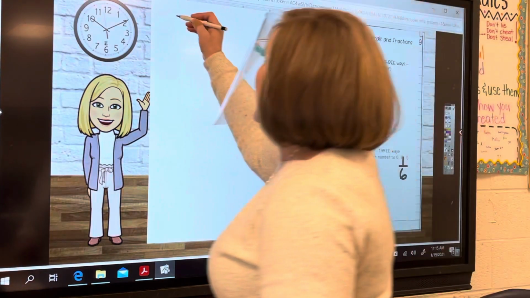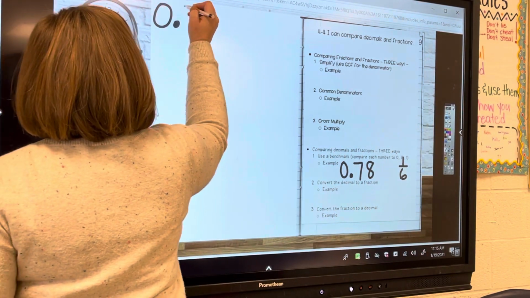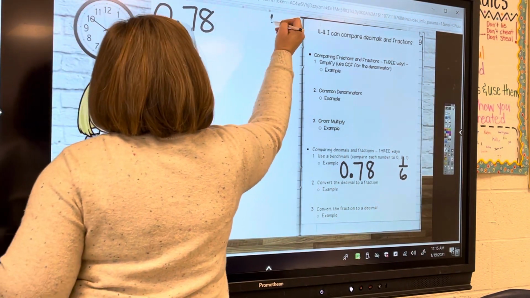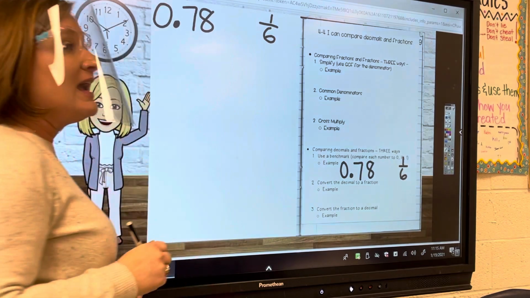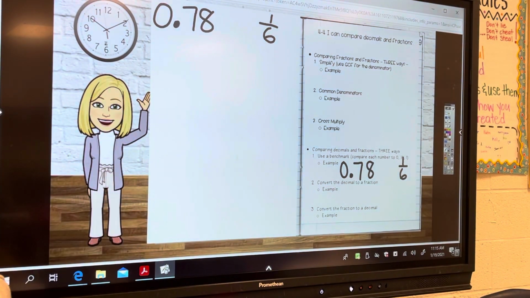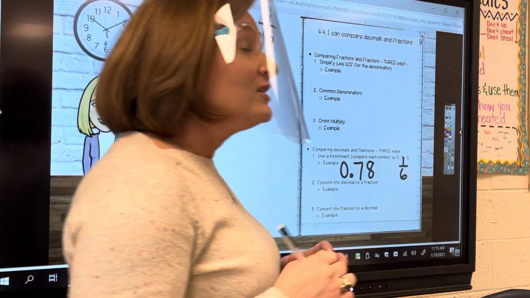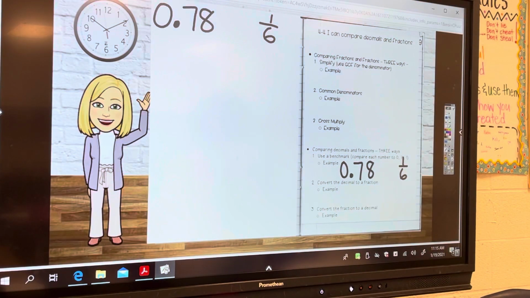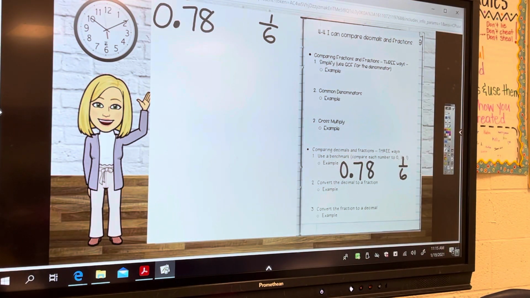And I'm going to write that over here so everybody can see it. 78/100 to 1/6. Now, if I were to compare that to 0, 1/2, or 1, 78/100 is closest to what? 1. 1/6 is closest to what? It's closest to 0. Okay?